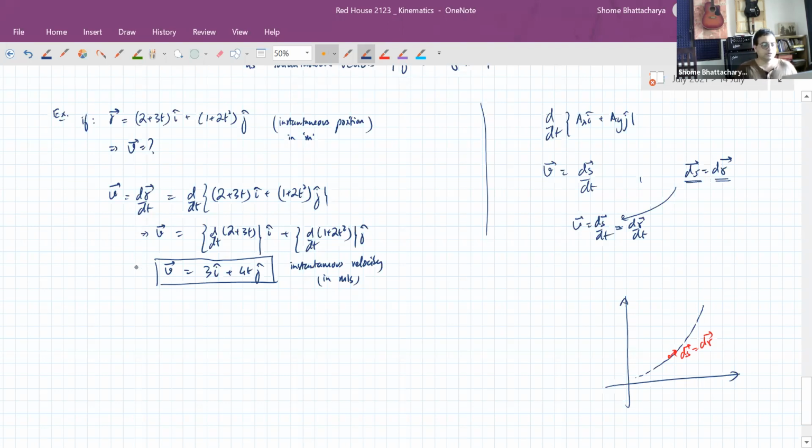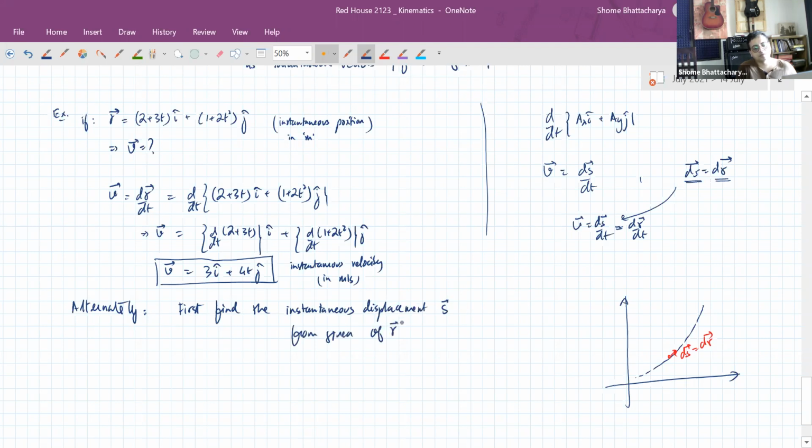Okay, so I hope this calculation is clear to all of you, this example. So alternately, what I can also do here is first find the instantaneous displacement from the given value of r.